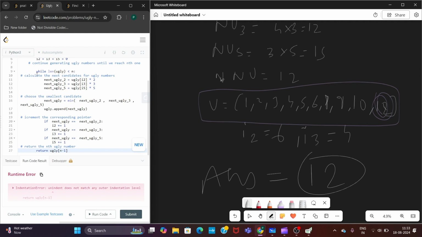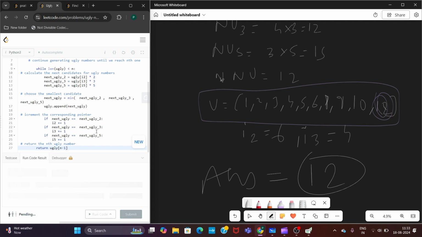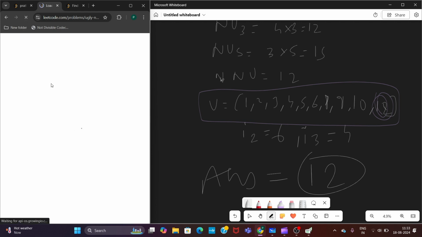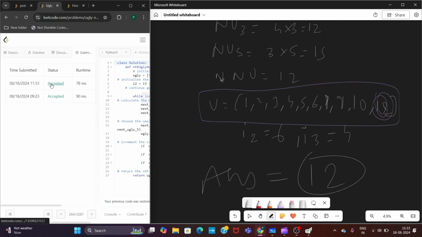Okay, I think now it's okay. Now let me try to run it. Yeah, it's being accepted. Let me try to submit it. So basically my code is being accepted. Let me reload the page. Okay, my code is being accepted over here.